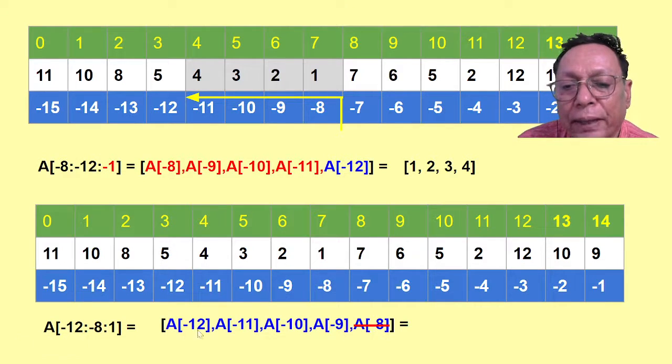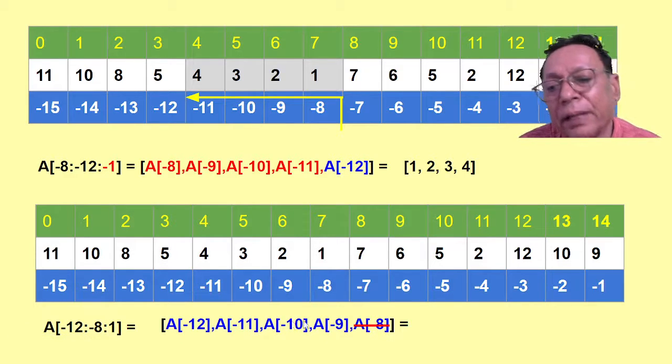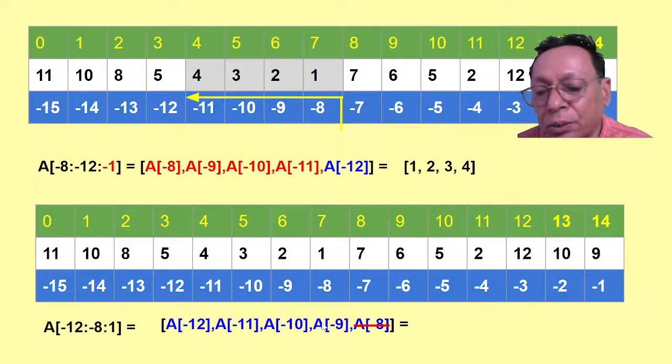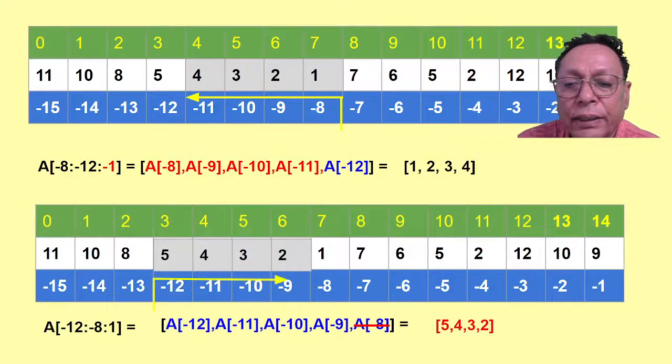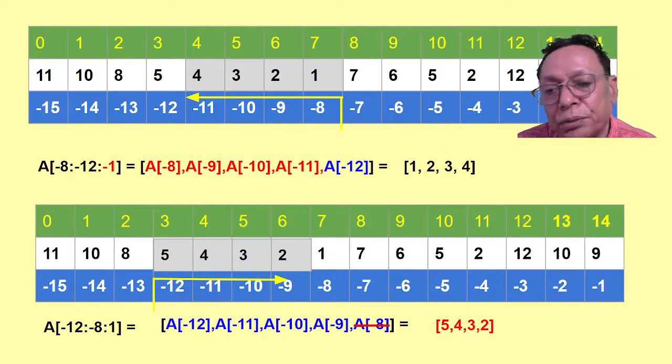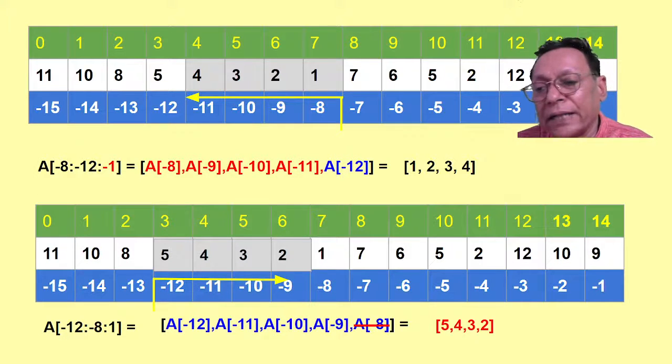That is a[-12], a[-11], a[-10], a[-9], and a[-8] will be excluded. Hence you'll get: -12 is 5, then 4, then 3, then 2, and -8 is excluded. That is why the slice is 5, 4, 3, 2.